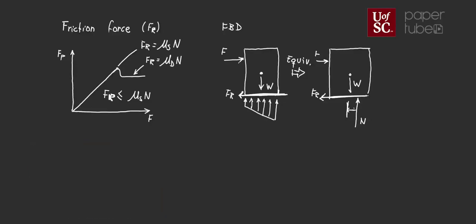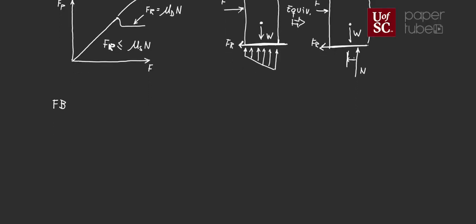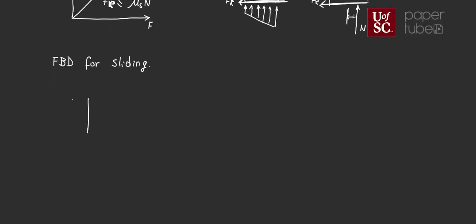Well, let's start with the free body diagram for sliding. For that, you're going to have my box right here. Let's say my force that is pushing is somewhere over here. I'm going to have my weight, W, no difference on those two forces.